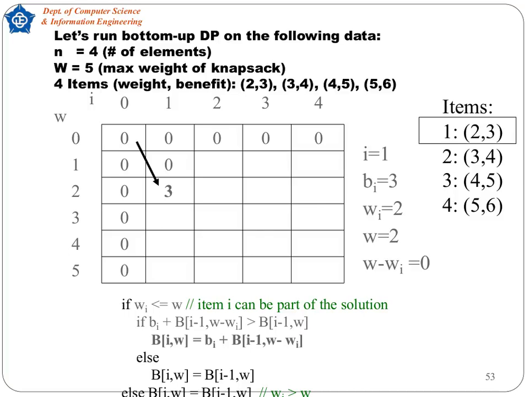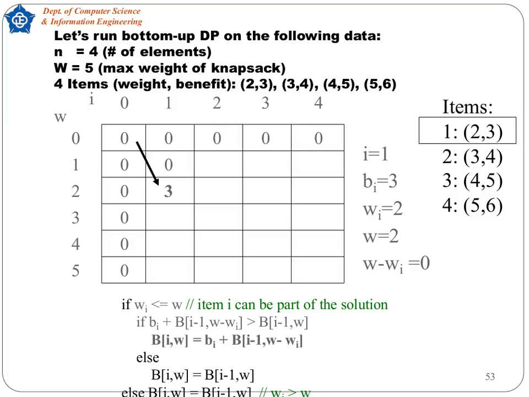Now let's process item 1. Weight equals 2, benefit equals 3. For each capacity W, if W is less than 2, we can't include it, so B[1][W] equals B[0][W] equals 0. Once W is greater than or equal to 2, we compare two choices. Exclude item 1: B[0][W], that's 0.